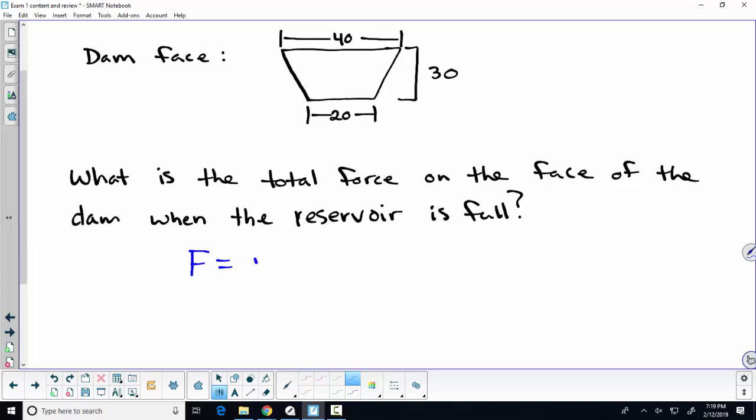So we remember our formula. I assume it's full of water. I don't know what else it would be. With force, we look at the width function and the height function.